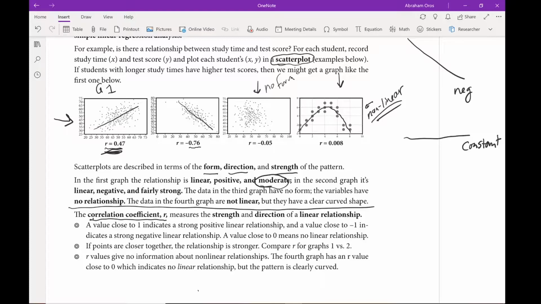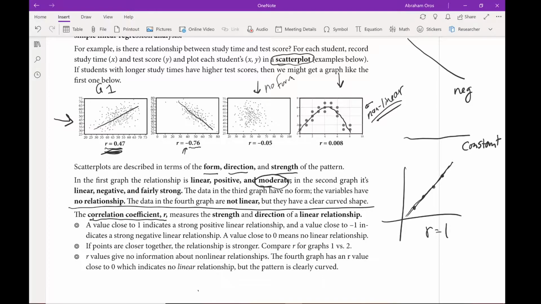You might be able to tell: the negative is the negative slope, and the positive here is the positive slope. But the absolute value of this R is 0.76, and the absolute value of this R is 0.47. So 0.76 is closer to 1. If you were to have a graph where the points were exactly on the line all the way, then R is going to be 1.